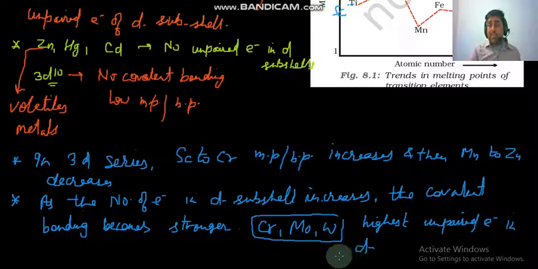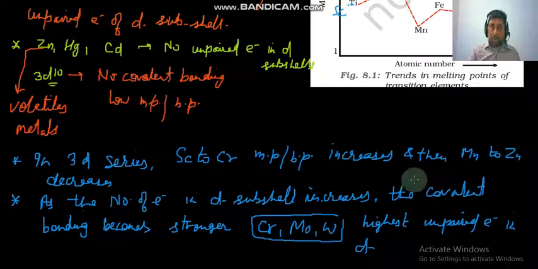Of course, manganese and other members have more than that, but up to chromium, molybdenum and tungsten, you will see all the electrons in the d subshell, they will participate here. All the electrons in the d subshell participate in making covalent bonds.